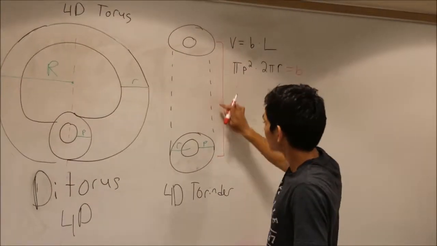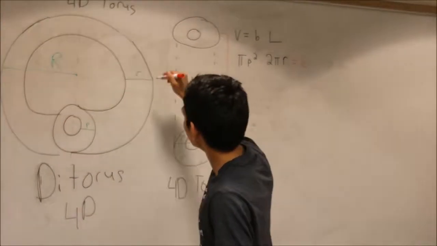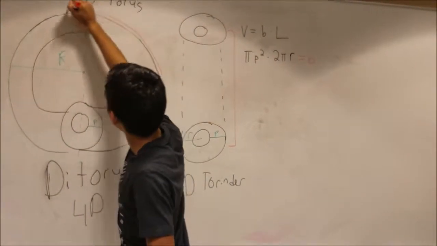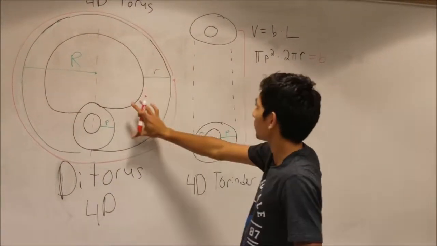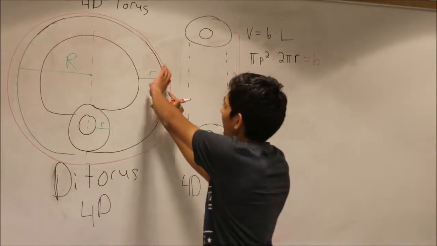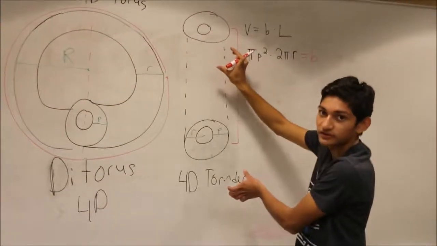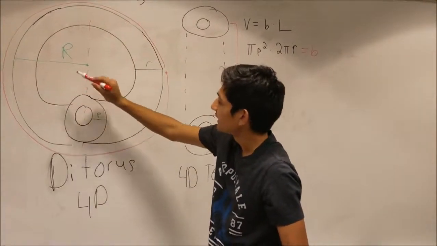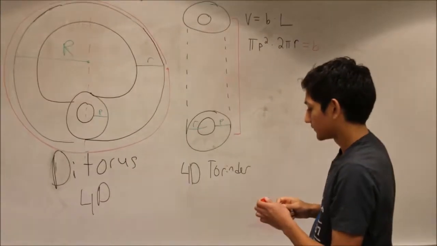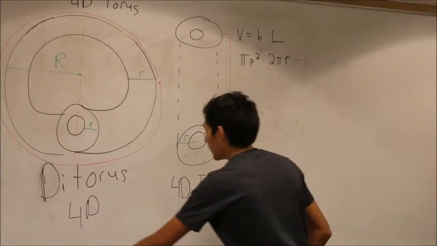So this length is essentially going to be equal to the circumference of the entire ditorus, because this is just an unwrapping of the ditorus. Therefore, the circumference of this is going to be 2 pi r, big R.